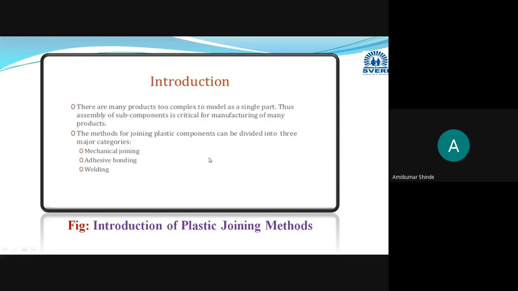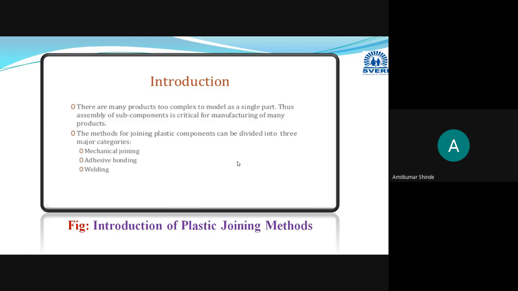Sometimes it is difficult to manufacture a complex component, or a single component having a bigger size. It is almost impossible. Suppose it has a complicated shape, then it is impossible to manufacture. Then you can manufacture that component by assembling or joining different parts. That's why these joining methods are required.